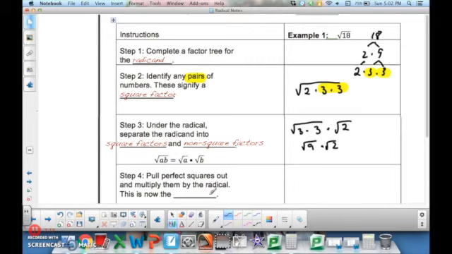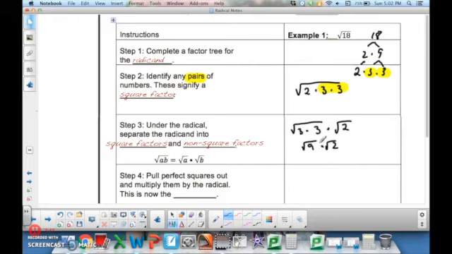The square root of 9 is where some magic's going to happen, because now I'm going to pull my perfect squares out, and what I mean by that is the square root of 9 is equal to 3. Anytime you have a perfect square number, meaning a number that results from multiplying something by itself, that can be made into just a whole number.